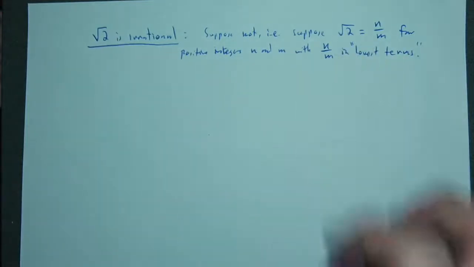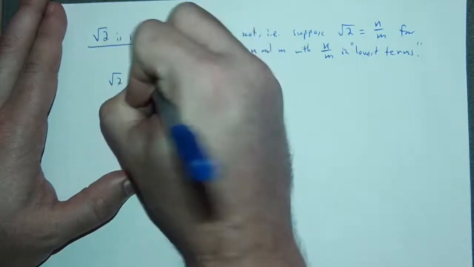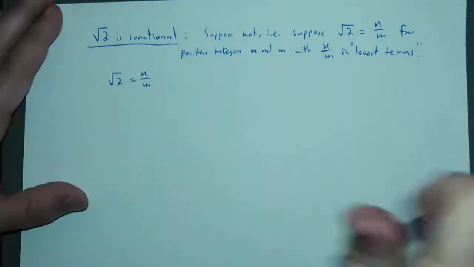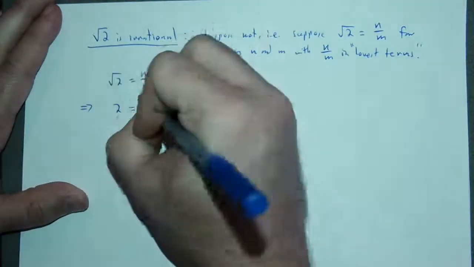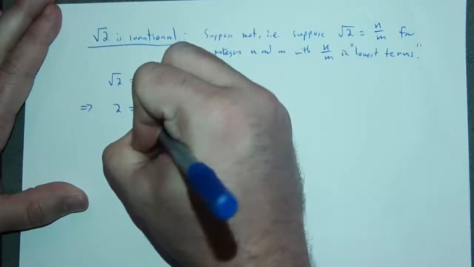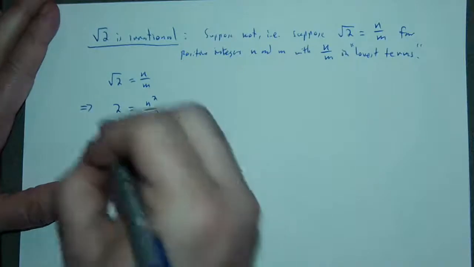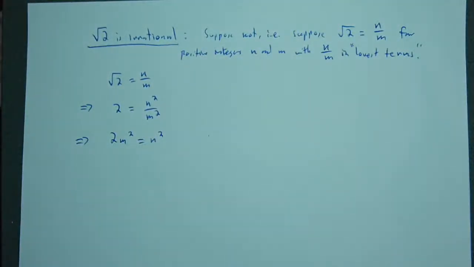Okay, well, square root of 2 being equal to n over m, what does this mean? This means if I square both sides, 2 is equal to n squared over m squared. That's just how this algebra works, which of course means that 2m squared is equal to n squared.